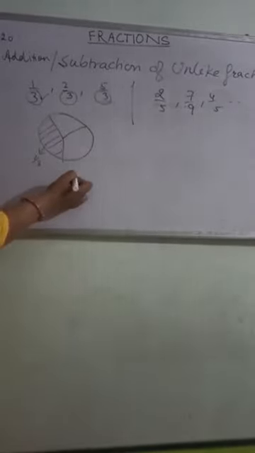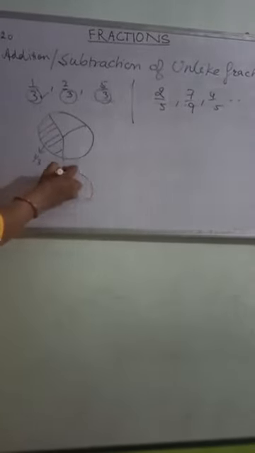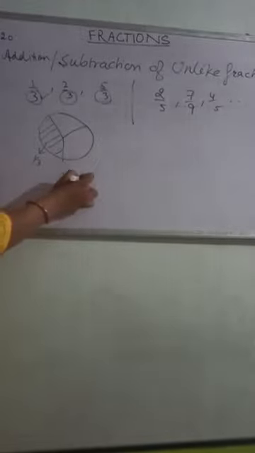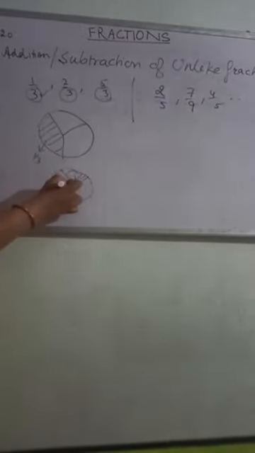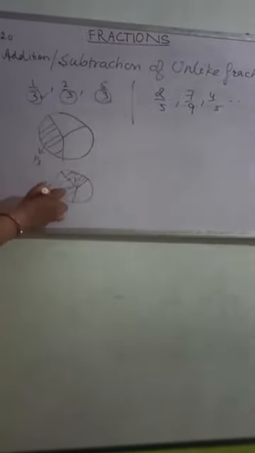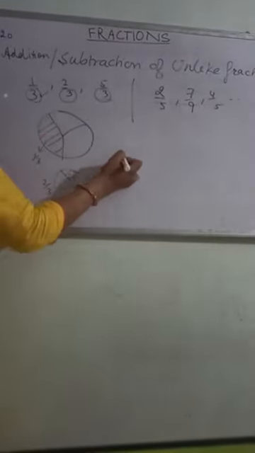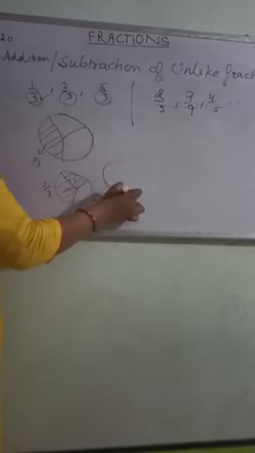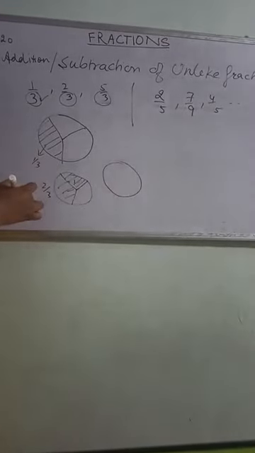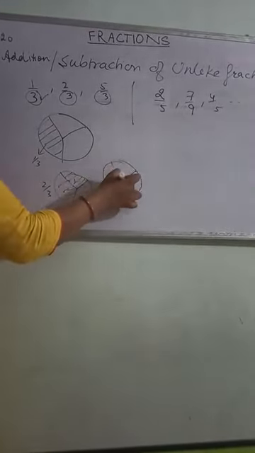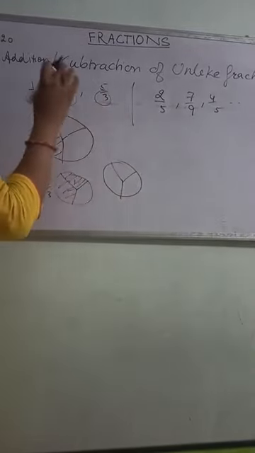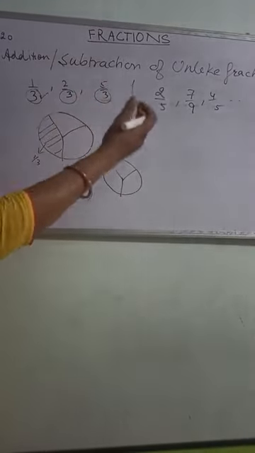If you have taken 2 equal parts, this and this, so this is equal to what? 2 by 3. What about 5 by 3? For 5 by 3, I have taken 1 complete circle. 5 by 3 means 3 complete and 2 more.